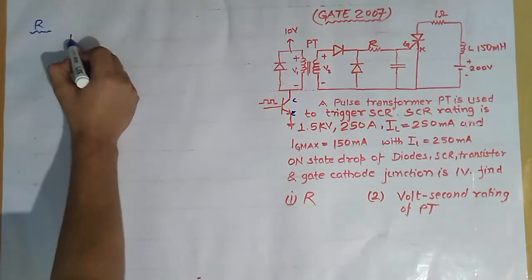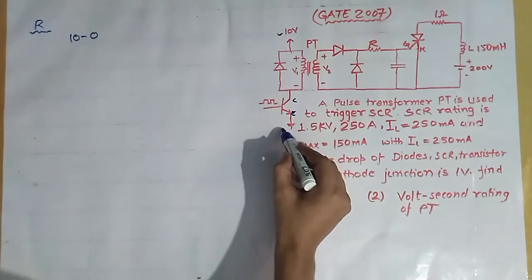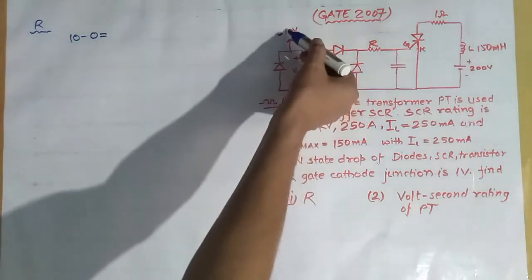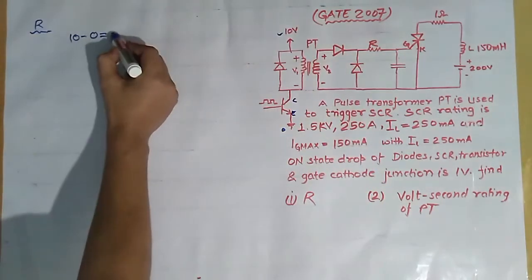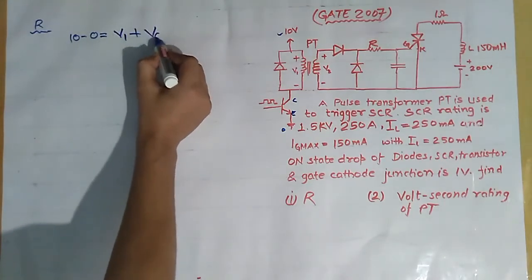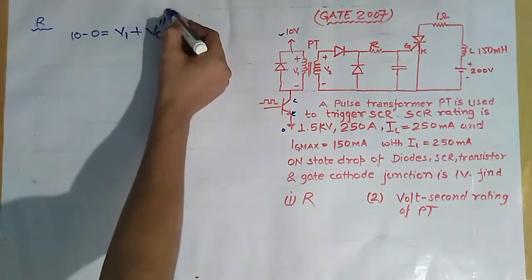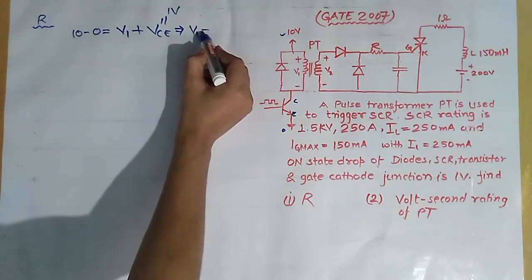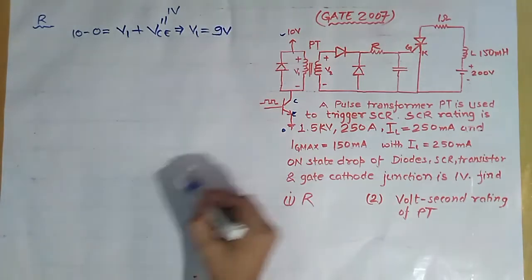Then we get 10 minus 0, this is 10 and this is at ground so it is 0, equals, moving from 10 volts to 0 volts, plus V1 plus Vc, and we know that it is equal to 1 volt. So that's why we get V1 equals 10 minus 1, that is equal to 9 volt.